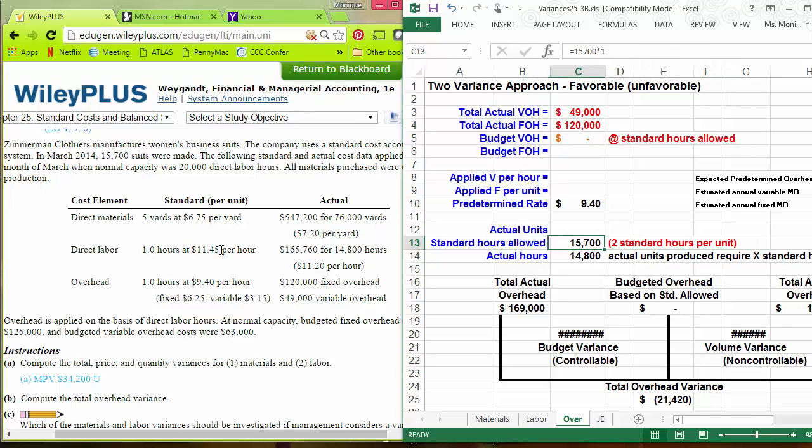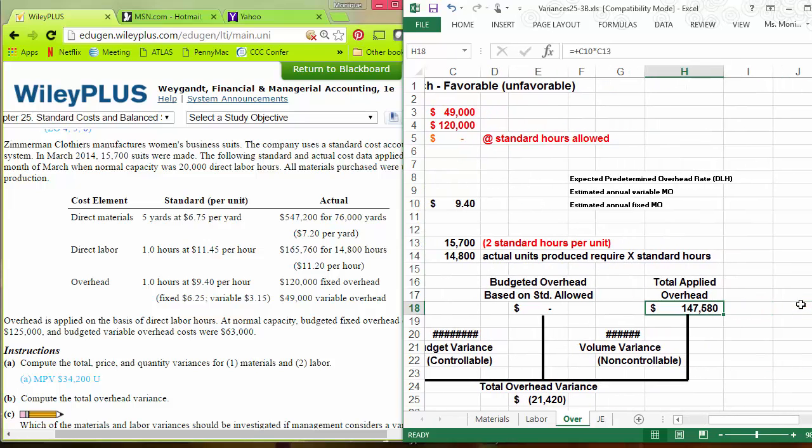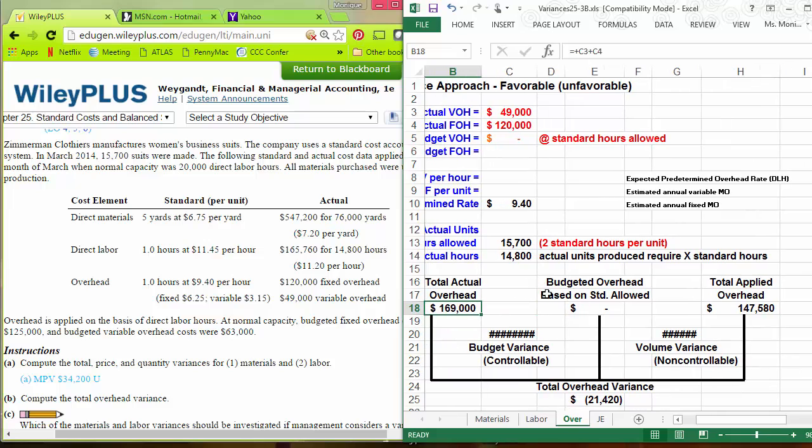So we're going to use the standard hours allowed, multiply that by $9.40, and then we should get the 147,580, which is just simply multiplying the $9.40 by the 15,700, and we'll use that to take the difference between the two, and we should get an unfavorable total overhead variance.